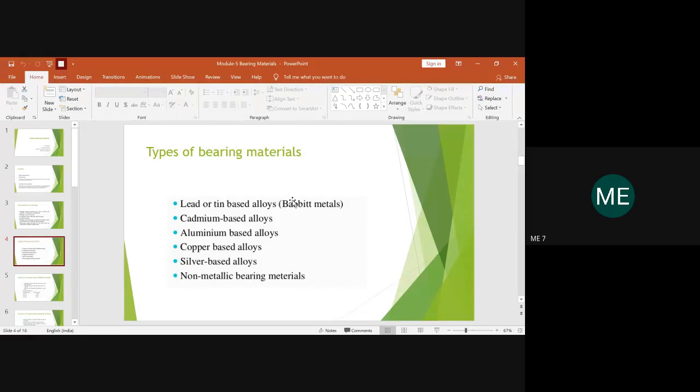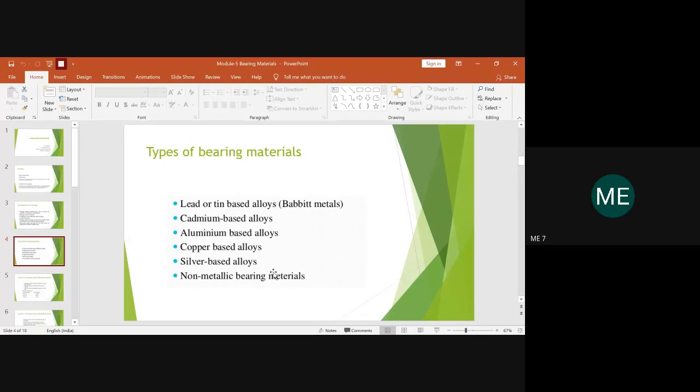Apart from that, the alternative materials which are available are: one, cadmium based alloys; second, aluminum based alloys; third, copper based alloys; fourth, silver based alloys; and lastly, non-metallic bearing materials. Here, a designer has to select the material based on the application for which they are using it.